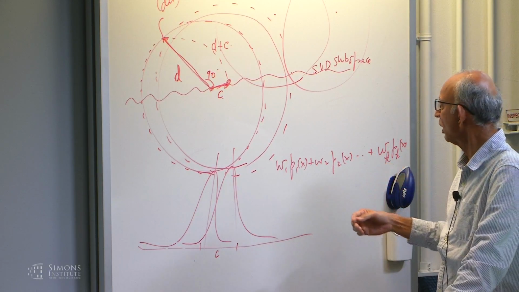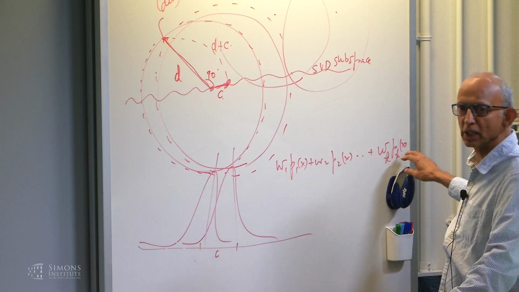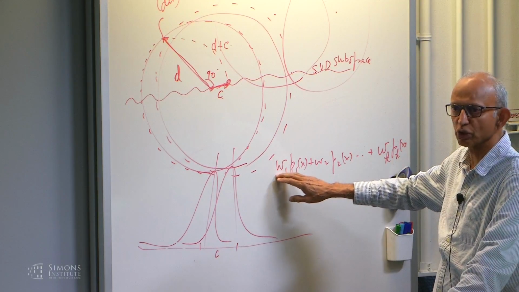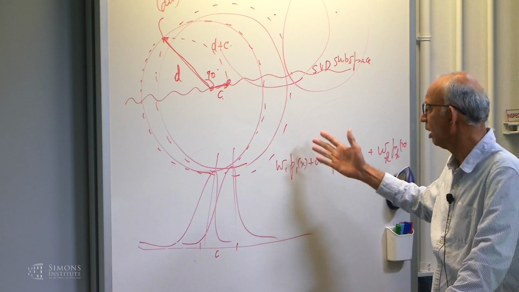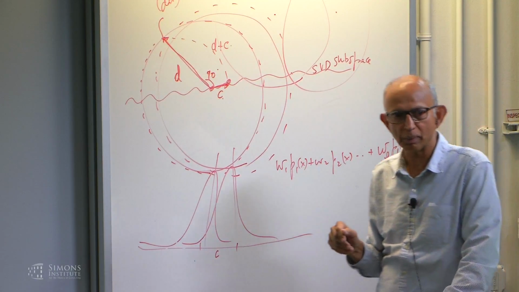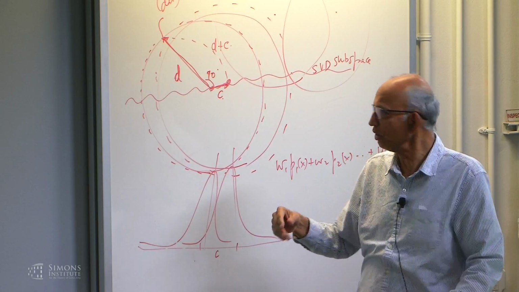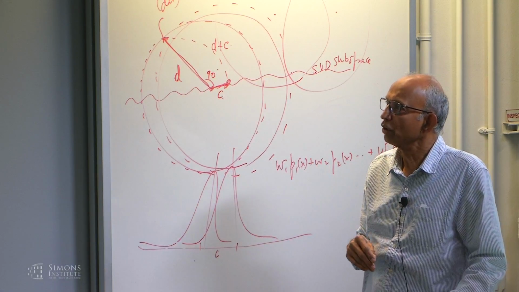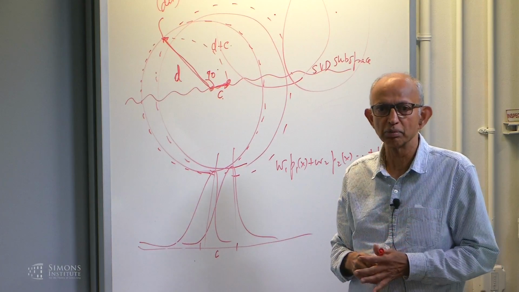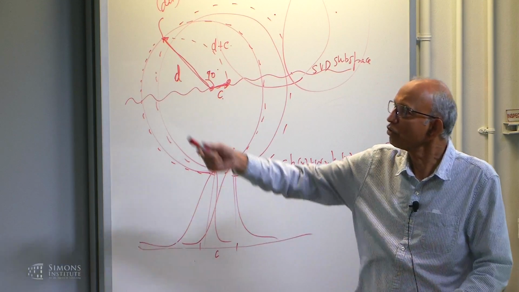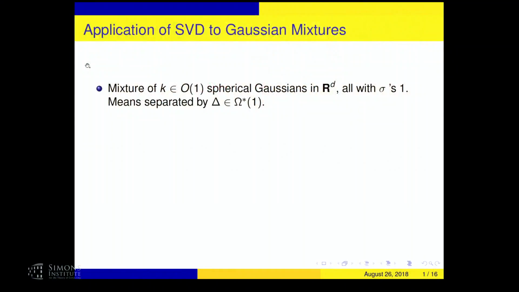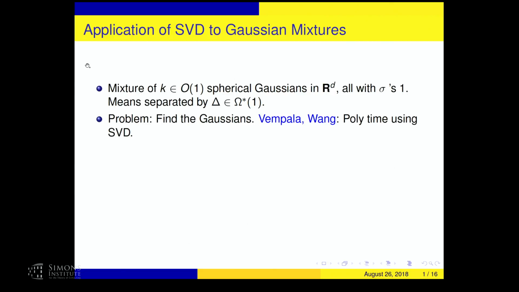You could also think of it as if I'm picking one of the P's with probabilities proportional to the weights and generating a sample from that P. Or you can think of it as generating each sample from the mixture. And of course, I don't tell you which P it came from. Your job is to learn it, so to find the Gaussians, right? Well, in this case, I told you the standard deviations are 1, so finding them is just finding the means. More generally, it could be general non-spherical Gaussians, and you are to find the variance-covariance matrix as well as the mean. So find the Gaussians.